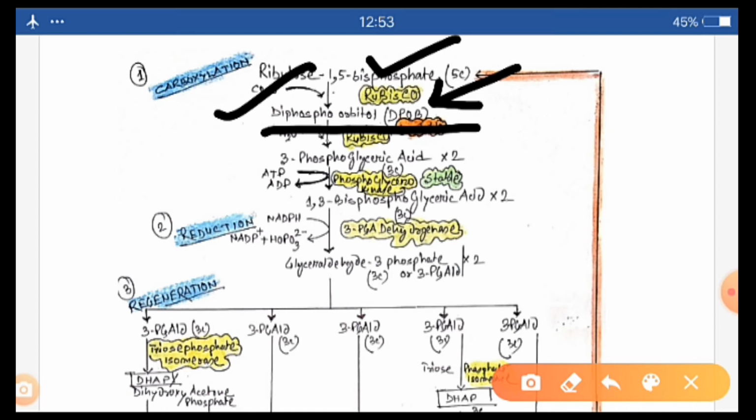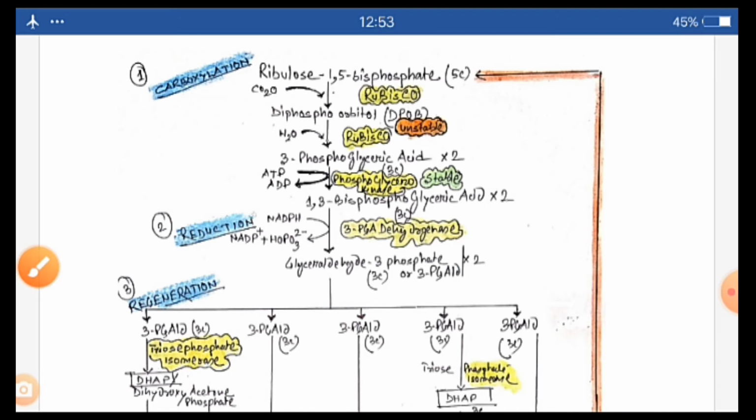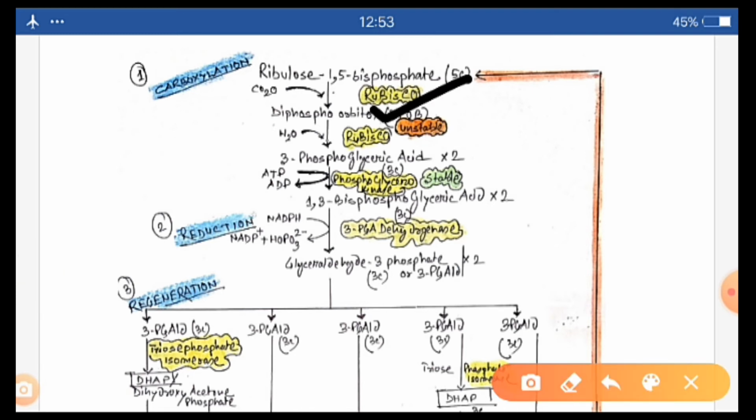Soon after the formation of this unstable product, it reacts with water in presence of Rubisco to produce stable 3-phosphoglyceric acid. Since 3-phosphoglyceric acid is 3-carbon and stable one, this cycle is also called C3 cycle.